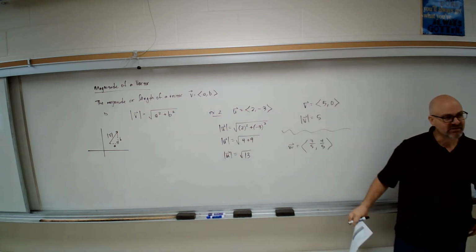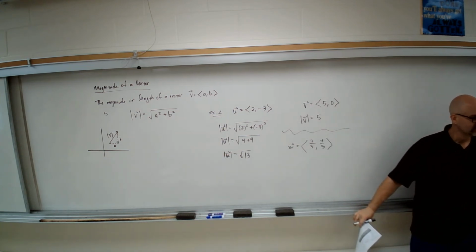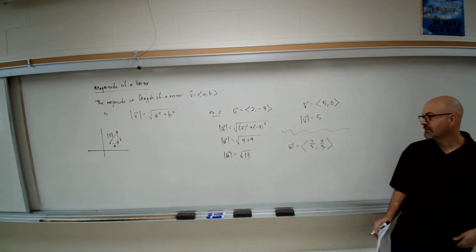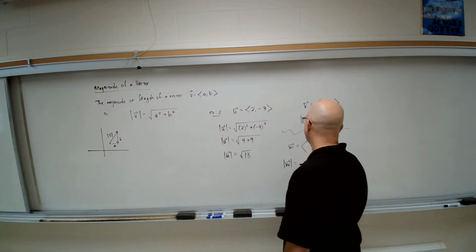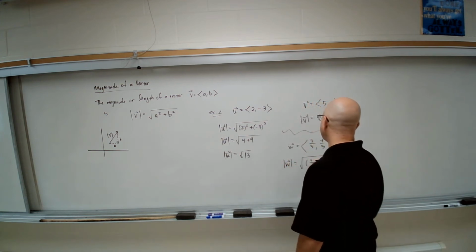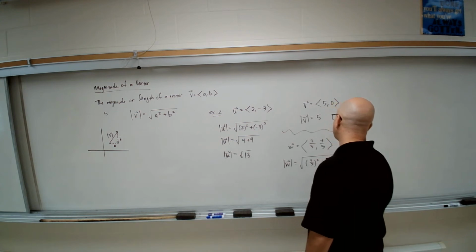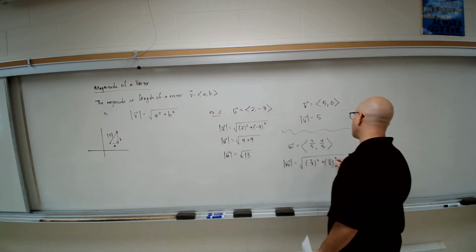4/5. This is a special type of vector. Can anybody guess what's special about this one? It is a fraction, which kind of makes it special in its own right. There's another special thing about it. Anybody? Let's check out its magnitude and see. So to find its magnitude, we get the square root of 3/5 squared plus 4/5 squared.